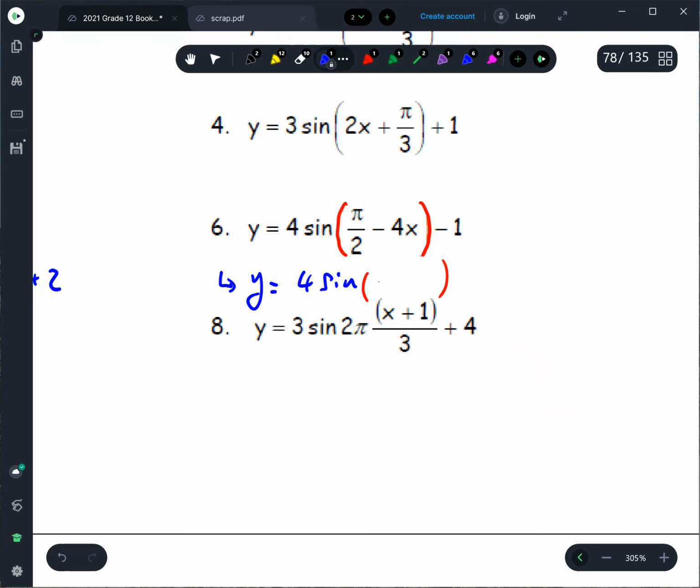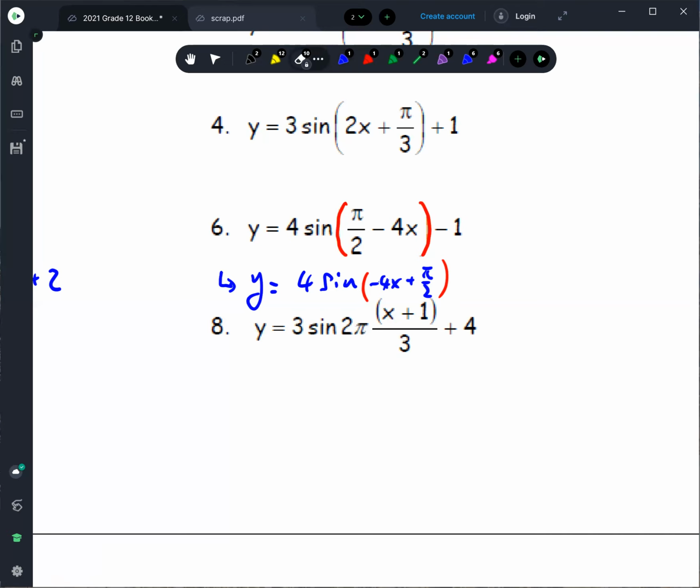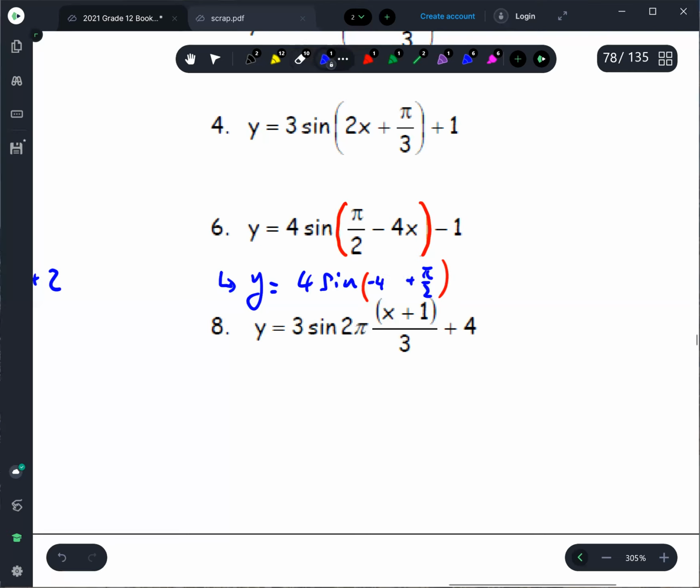Just flip them. So what do I put? Negative 4x plus pi over 2. Yeah, okay, because you have to swap with the -4 in front as well without changing the question. You cannot just write 4x minus pi over 2. You need to take the negative. Okay, so once you get to this point, what's the number in front of the x? Negative 4. Yeah, so -4 is the number you need to factor out.